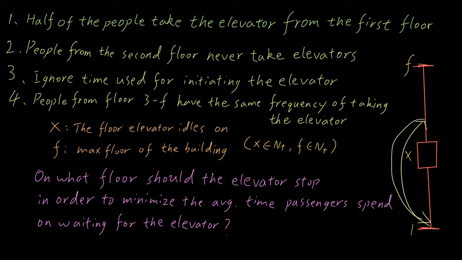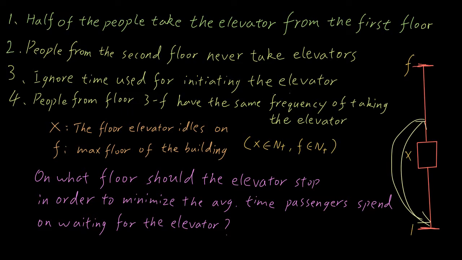And the second rule is people from the second floor never take elevators. This is because they can walk by stairs. They don't need elevators. And three, ignore time used for initiating the elevator.